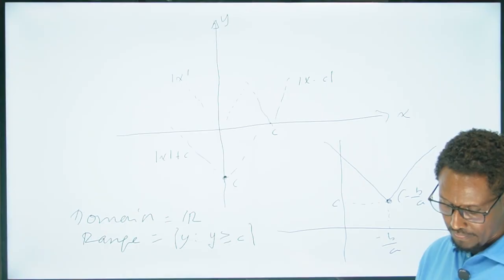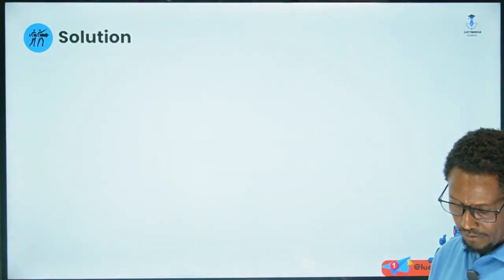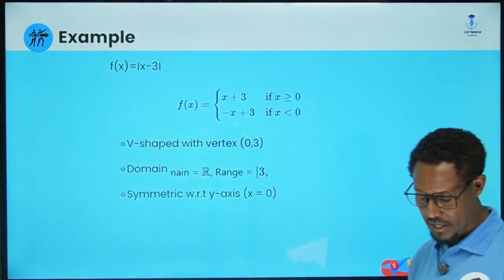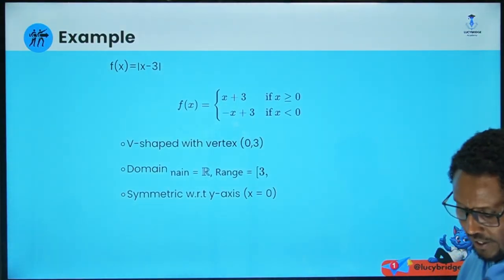Example: f of x is equal to the absolute value of x minus 3.